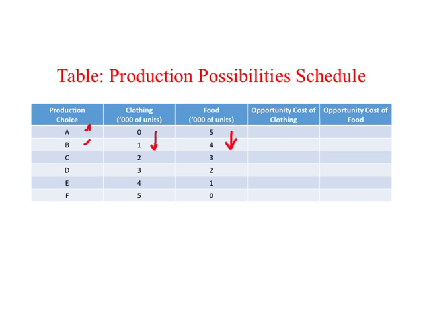The amount of food it has to give up when it increases production of clothing by 1 unit. So when you go down this column, you find that as you increase production of clothing, you are giving up production of food. And this will give us a sense of the opportunity cost of clothing.